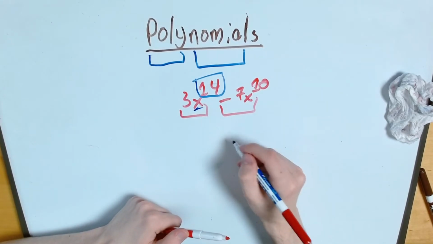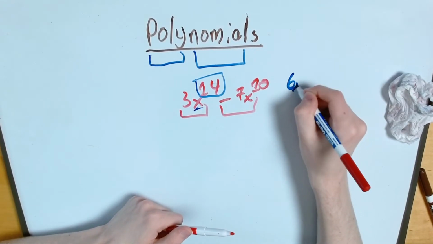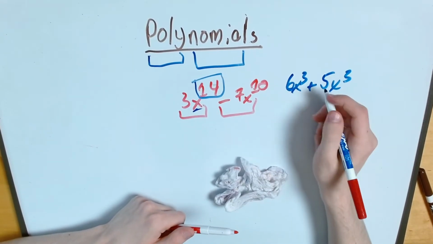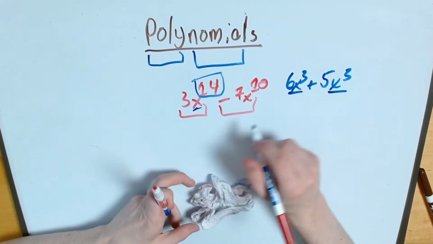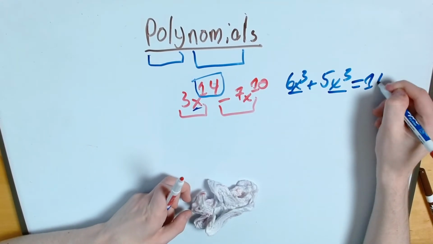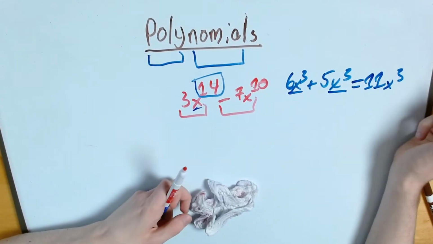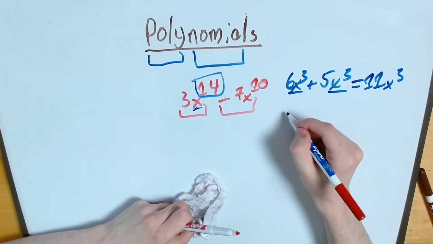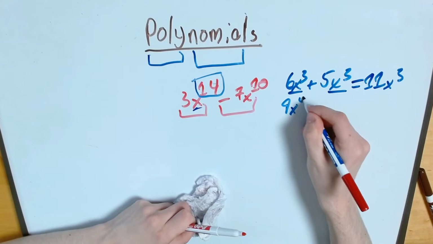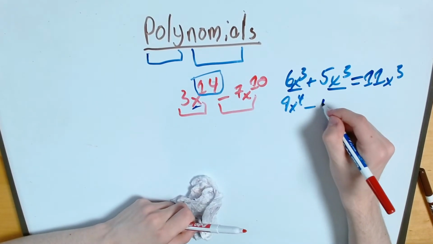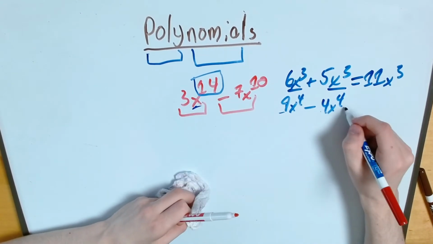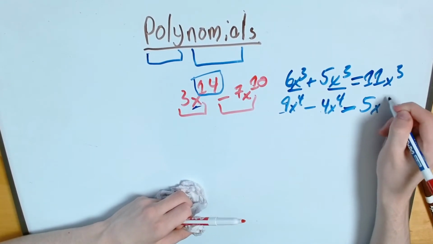We can do things like 6x cubed plus 5x cubed. We can combine them because they both share an x cubed into 11x cubed. Similarly, we can subtract. We can say, okay, 9x to the 4 minus 4x to the 4 is just 9 minus 4, which is 5x to the 4.